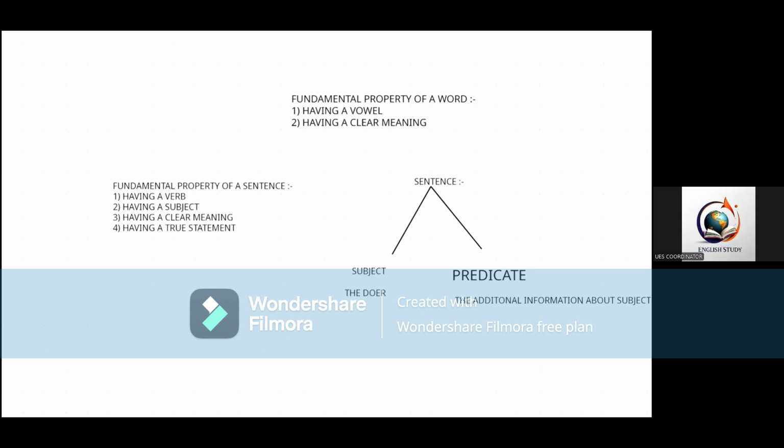You will also say that there is an additional part called complement, but that is also not a main part. The main parts of a sentence are subject and predicate. Got it?